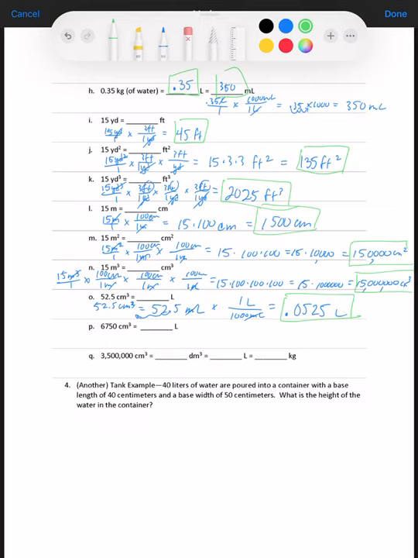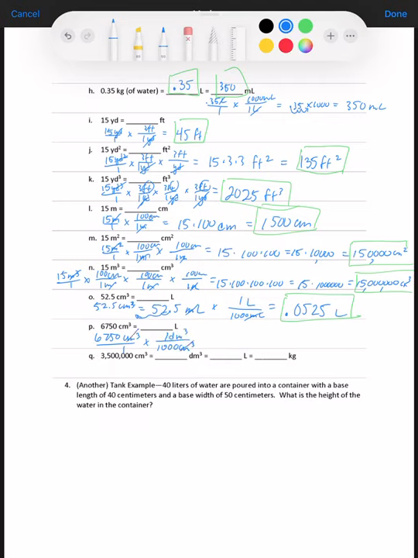In the next problem, I'm going to convert 6750 centimeters cubed to liters. Let me do it another way here. I'll put 6750 centimeters cubed over 1, multiply by, well, there's 1,000 centimeters cubed for every 1 decimeter cubed.